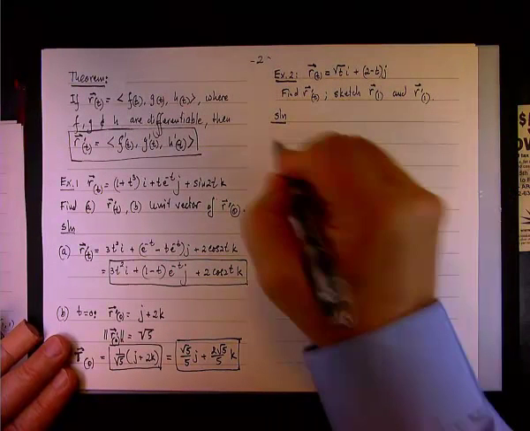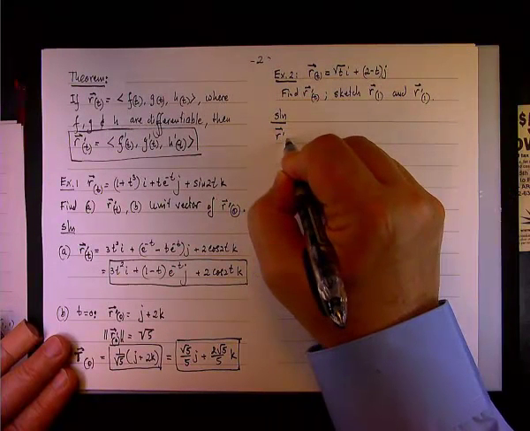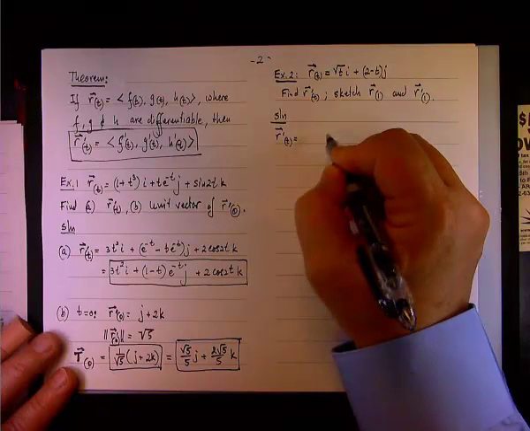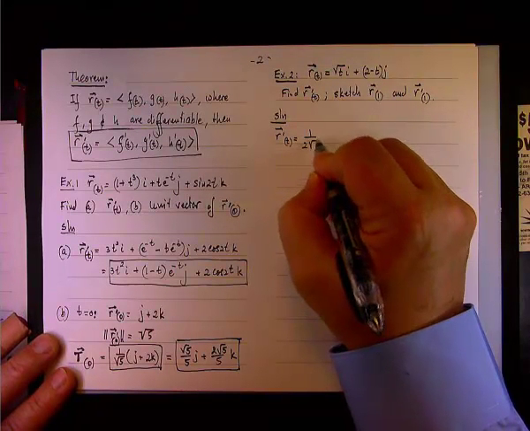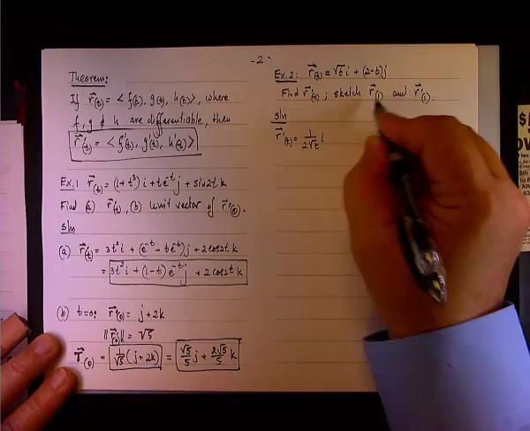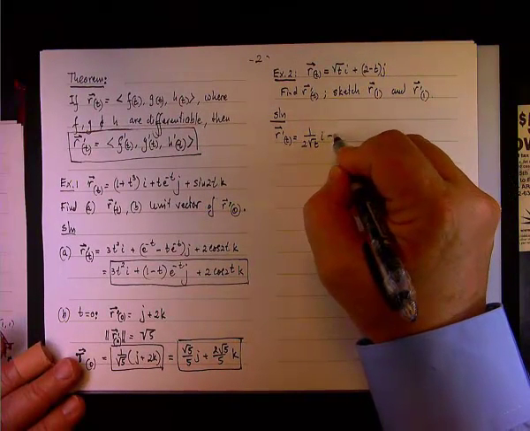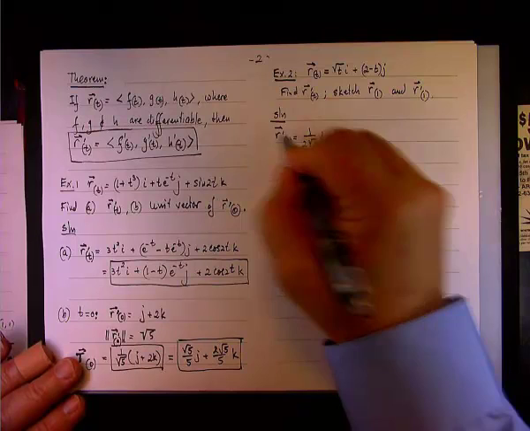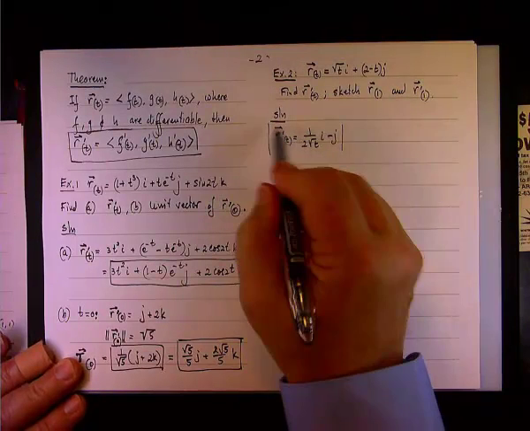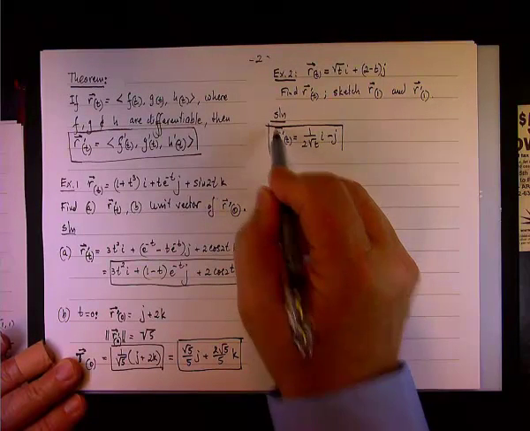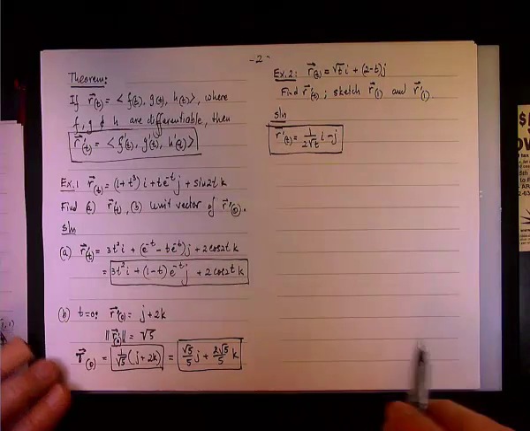Okay, the solution goes like this. Remember, what is the derivative of square root? 1 over 2 square root. And here we have simply minus j. So the first part was instantaneous, and now we need to sketch.